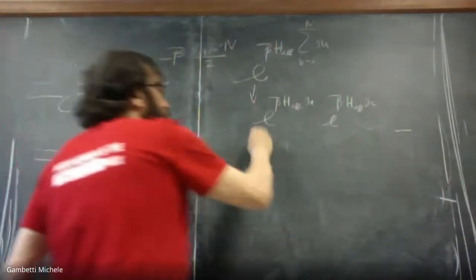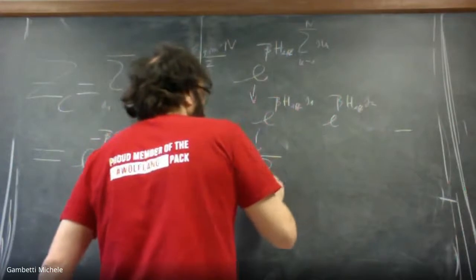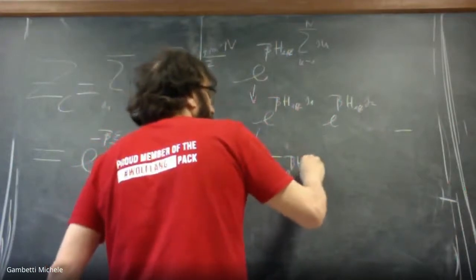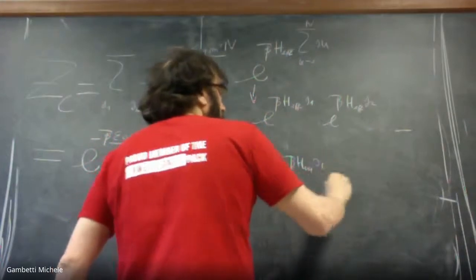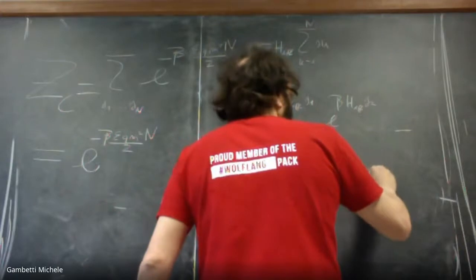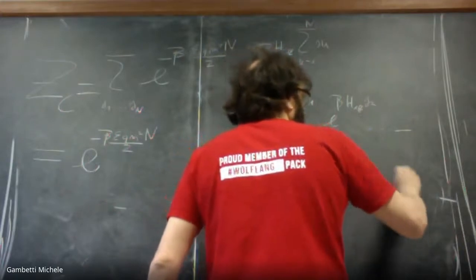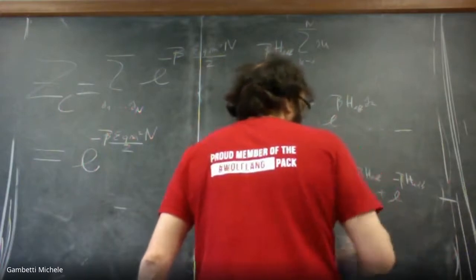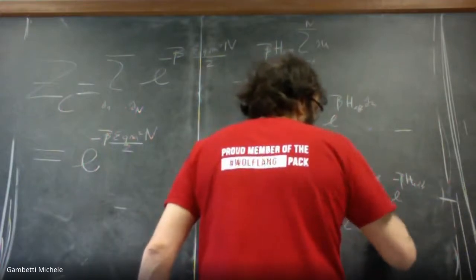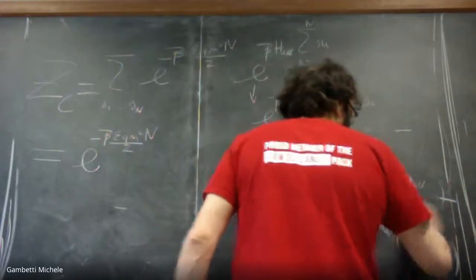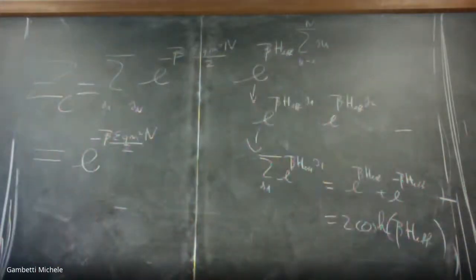And when I do the sum, for instance, on S1 of the exponential of beta h effective S1, what do I get? I get e to the beta h effective plus e to the minus beta h effective, which is 2 cosh of beta h effective, because I am considering the two values of the spin.